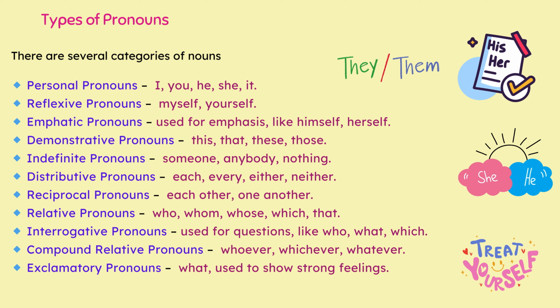Interrogative pronouns used for questions like who, what, which. Compound relative pronouns like whoever, whichever, whatever. Exclamatory pronouns like what, used to show strong feelings. We'll learn each one with clear examples, step by step.